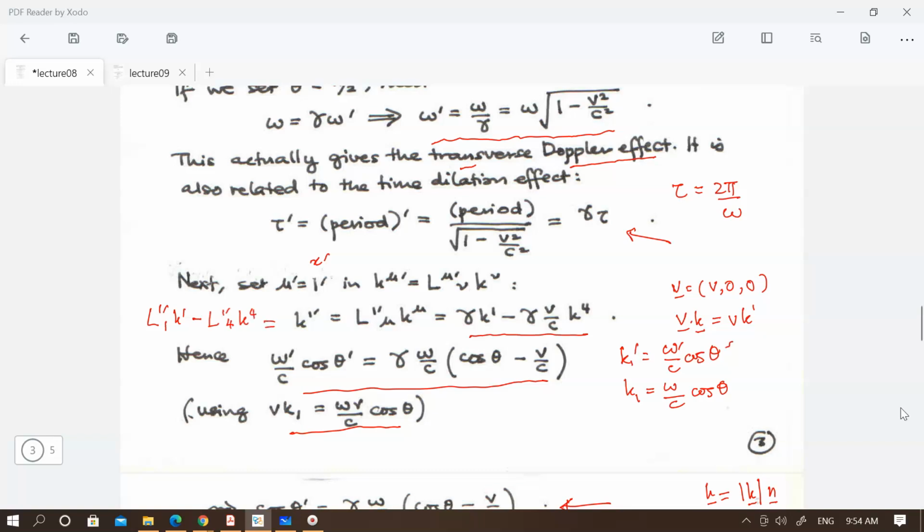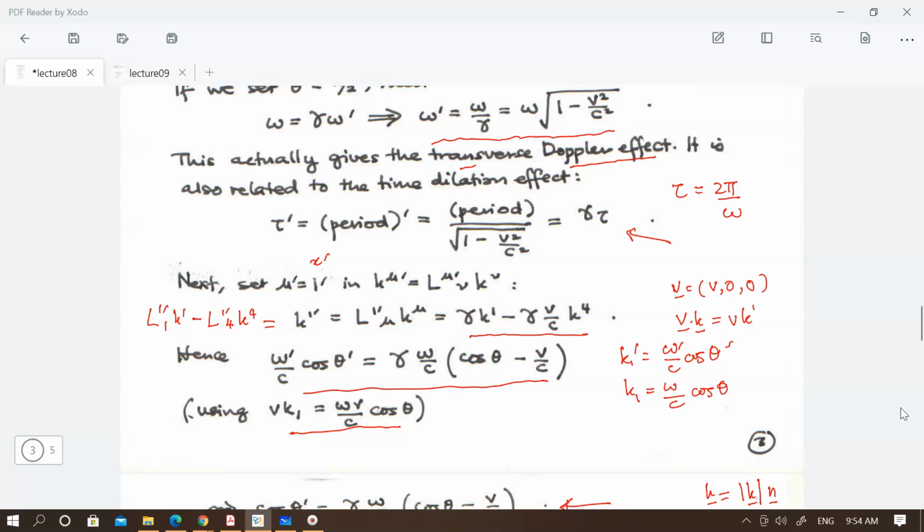Now I just simply substitute what L1 dash 1 is, which is gamma. So that gives you gamma k1. But now what is k1? K1 is equal to that. Then your L1 dash 4 is that.